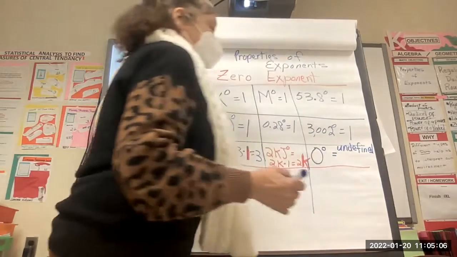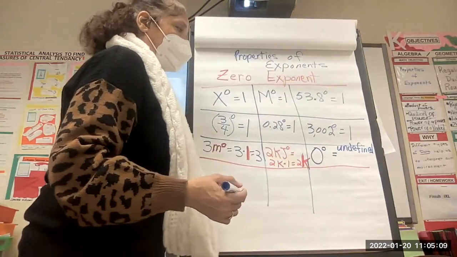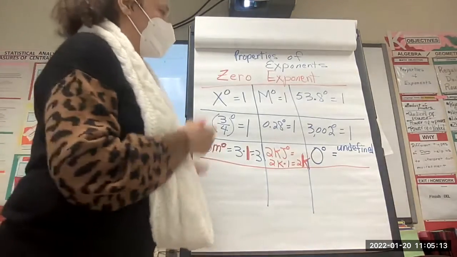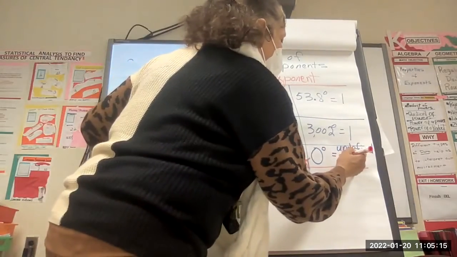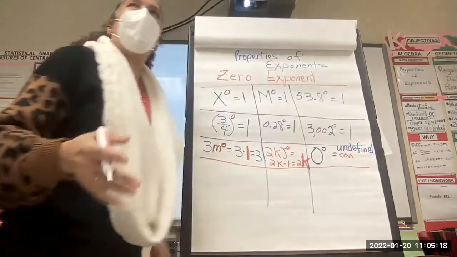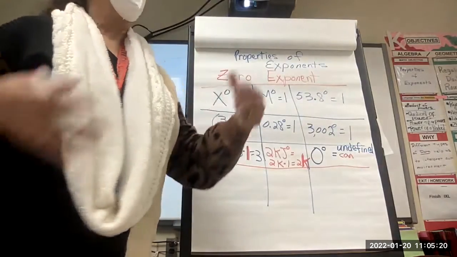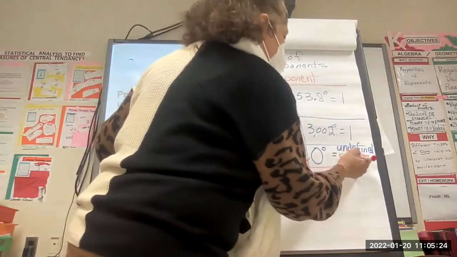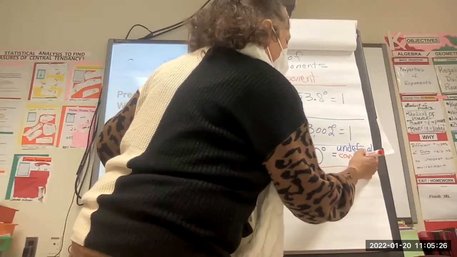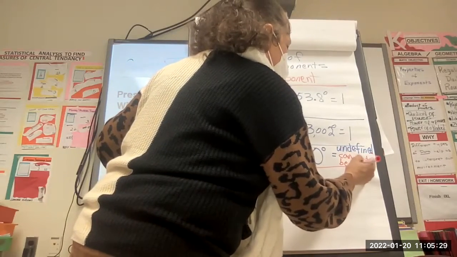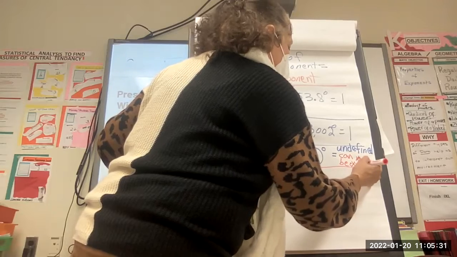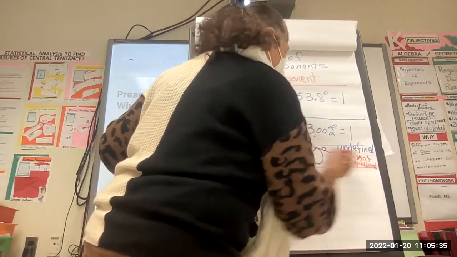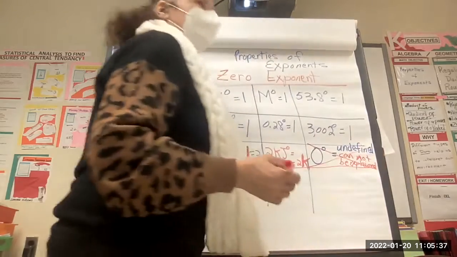Undefined means there's no definition. Right, no definition, because defined means tell you what it's about. Undefined means don't tell you. So there, it cannot be explained. So anytime you see 0 to the 0, just cross it out, say it's not going to happen.